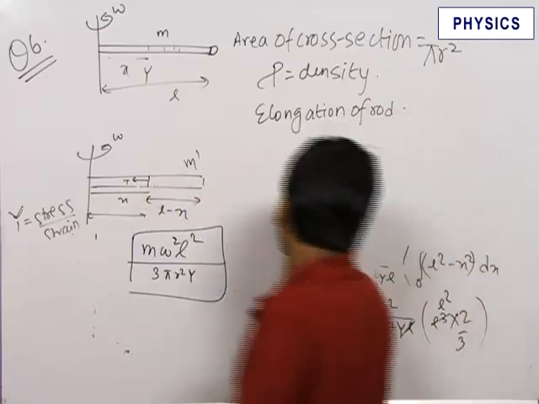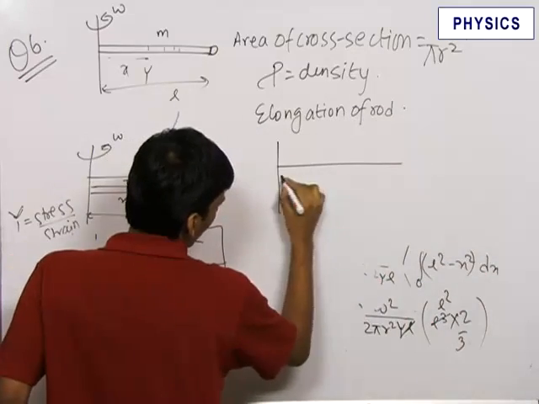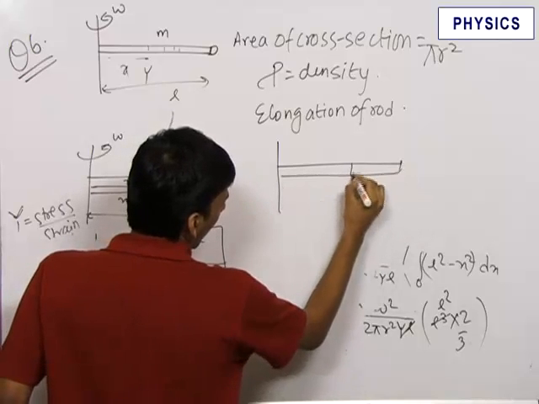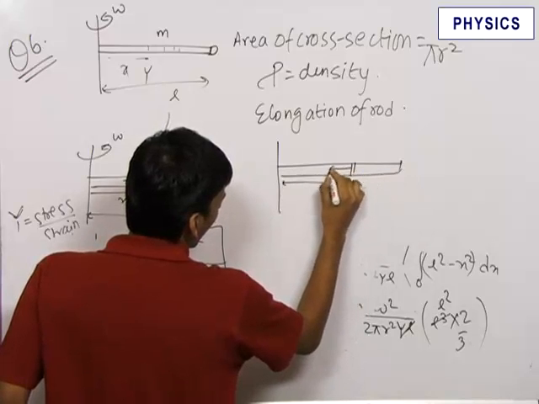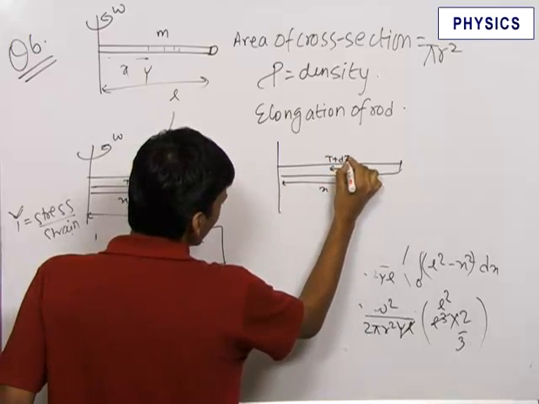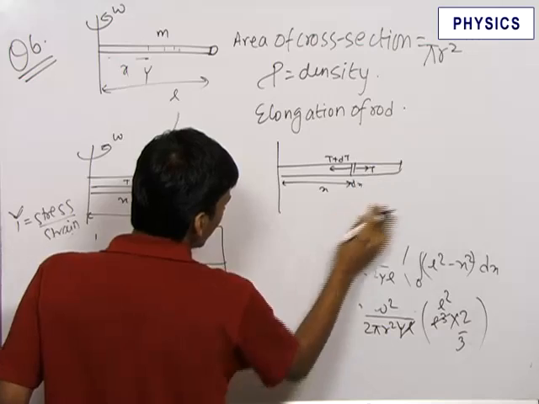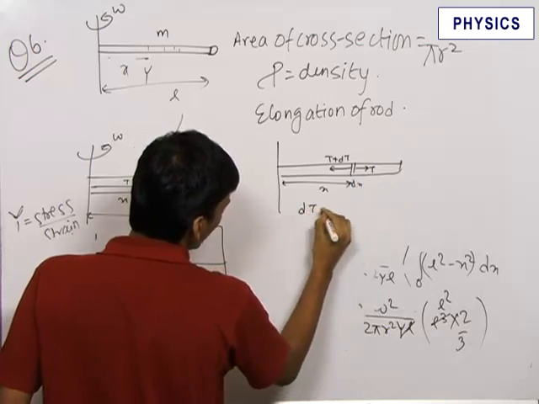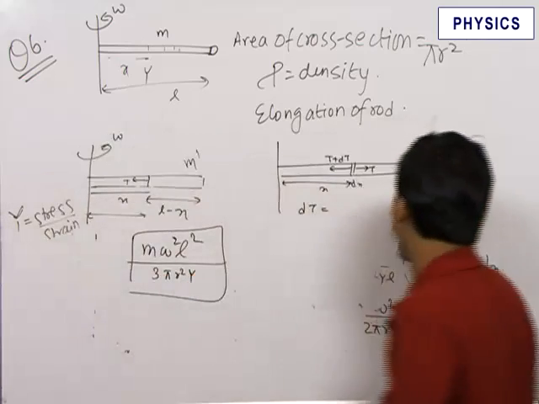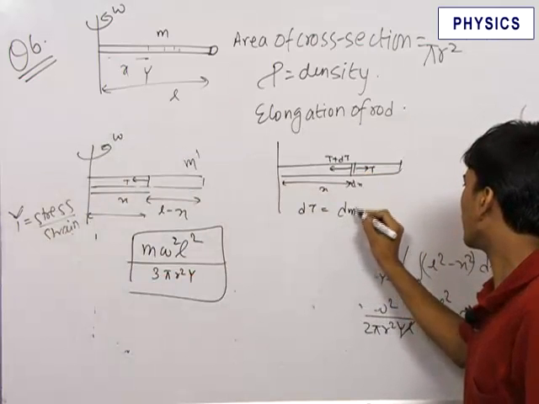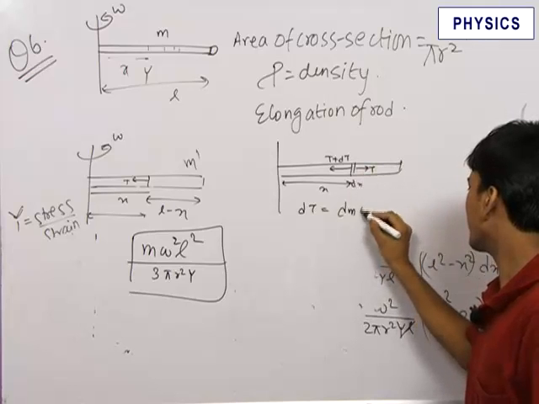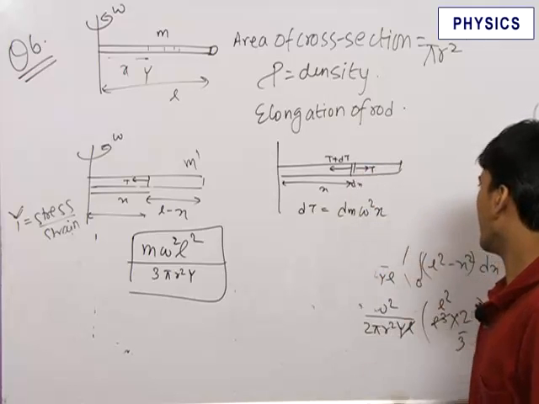That is, you could have assumed a dx element at distance x. Let the tension at this end be T plus dT and this end be T. Therefore, dT could have been written as mass of this small element of thickness dx into omega square x.